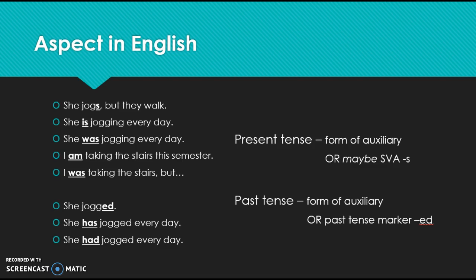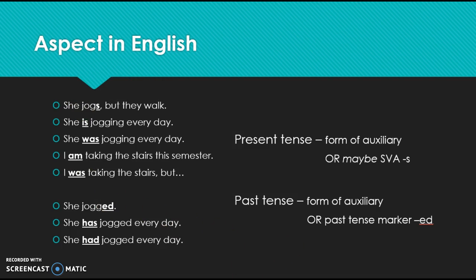Okay, this slide gives another example with simple present, where we can see that simple present sometimes can be marked with the subject-verb agreement ending on the verb, and simple past can have this ed past tense marker. But notice if it's simple, there's no auxiliary, right?